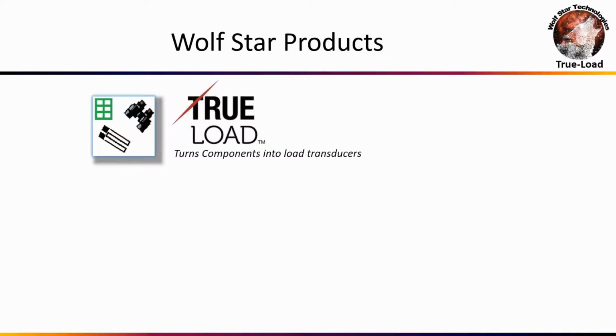We'll extract a correlation matrix that relates strain response to unit load cases on the FEA model. You place strain gauges on the physical part and measure the time histories of strain, and then we'll take those measured time histories of strains and turn those into time histories of loading, leveraging the correlation matrix we extracted. We're basically turning your parts into load transducers by leveraging the FEA model.